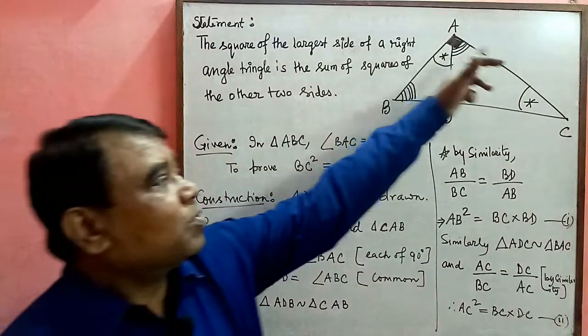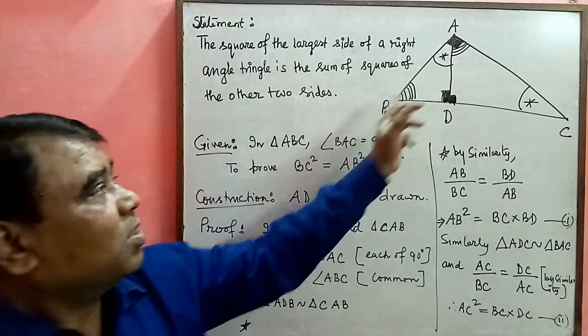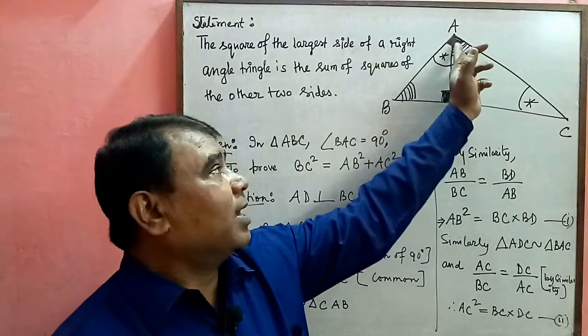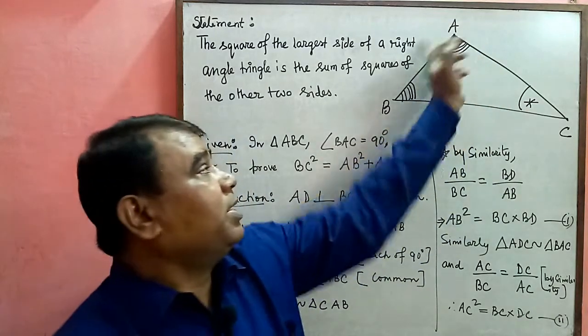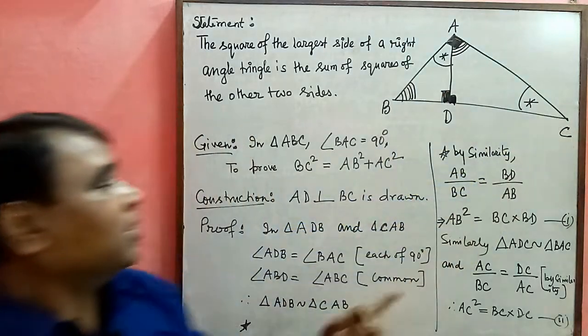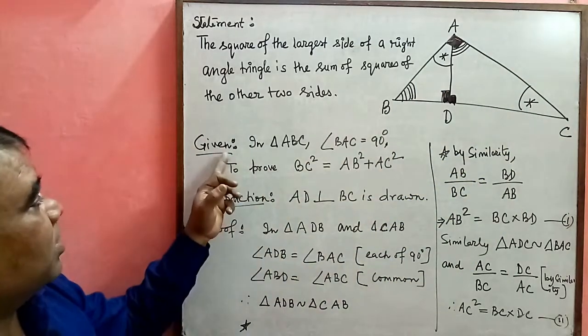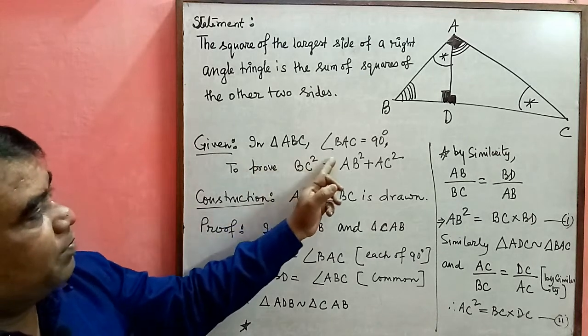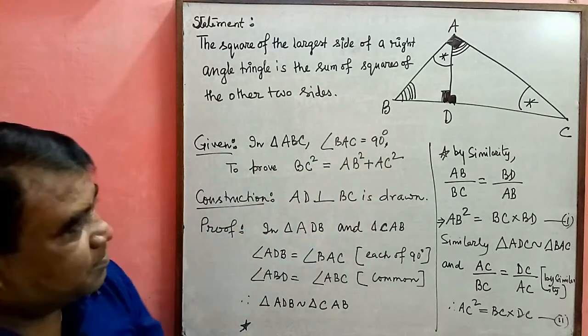So here we have a triangle ABC in which the angle A, that means angle BAC, is 90 degree. That's what is written as given. In triangle ABC, angle BAC is 90 degree.